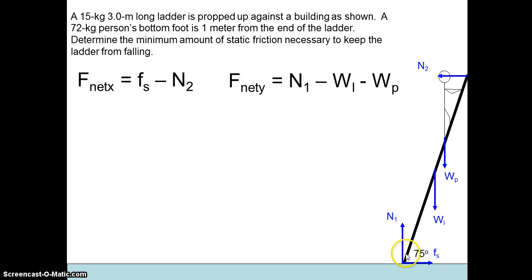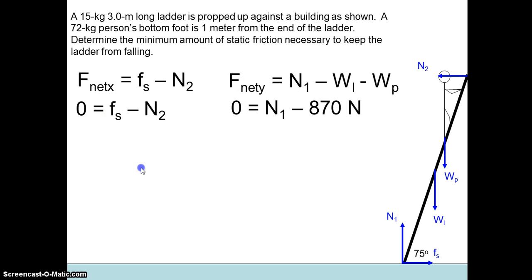Fnet in the y direction would be N1 minus those two forces. Again, Fnet's 0. Plug in those zeros, I get Fs equals N2, something we already said. And I get N1 equals the sum of those two, which would be 72 plus 15, that's 87 kilograms times 10, 870 newtons.